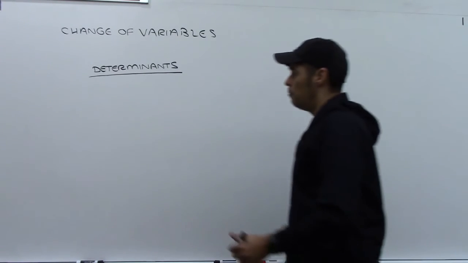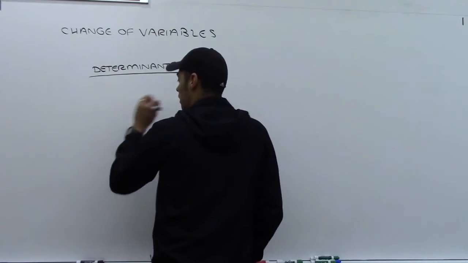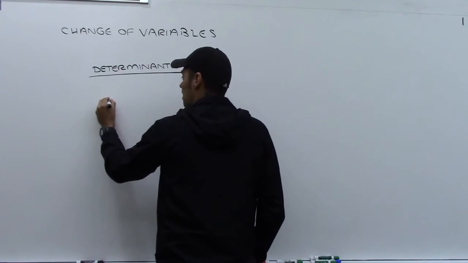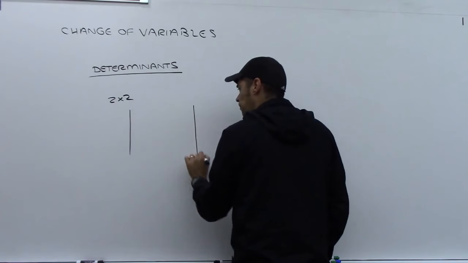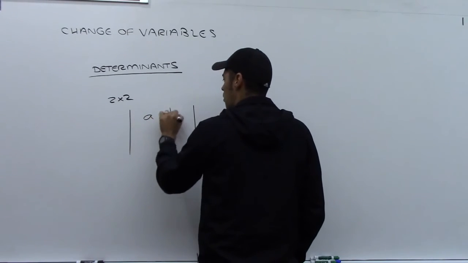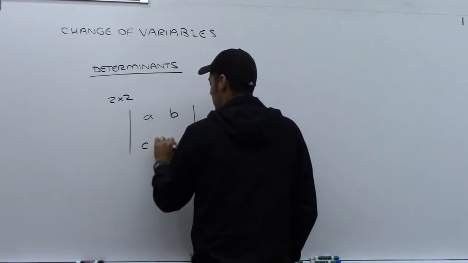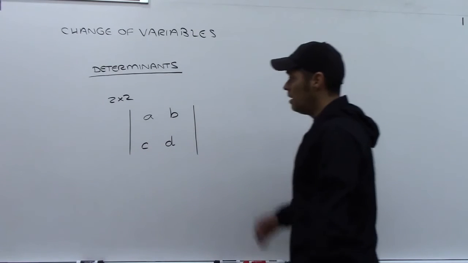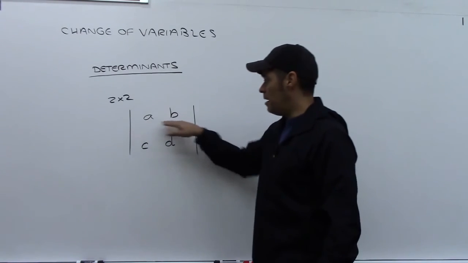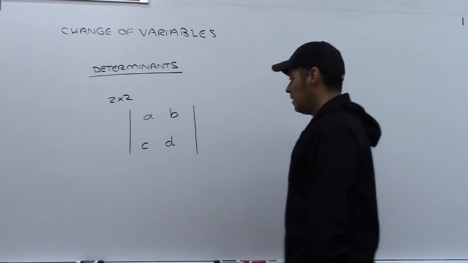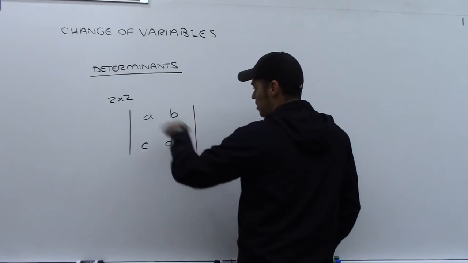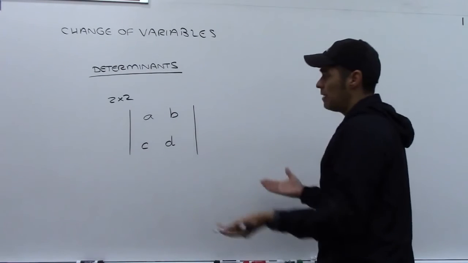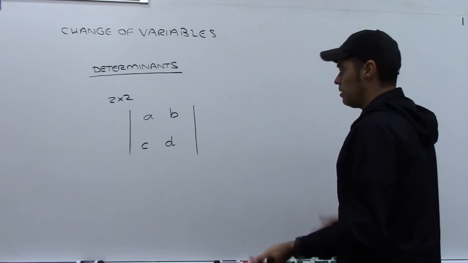So what we do is we start with a matrix, and we're going to look at two types here. Let's say we have a 2x2 matrix. It has 4 numbers in it. Now these don't have to be numbers, they can be a lot of different things, but for us these are either going to be numbers or functions. So we have a 2x2 matrix, and we put these bars on the side to represent the fact that we are going to find the determinant.